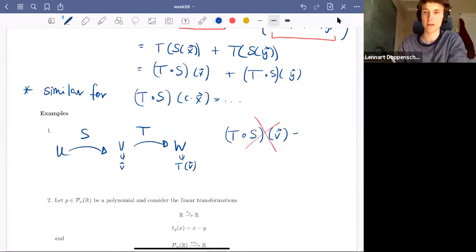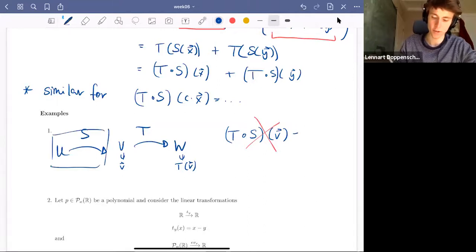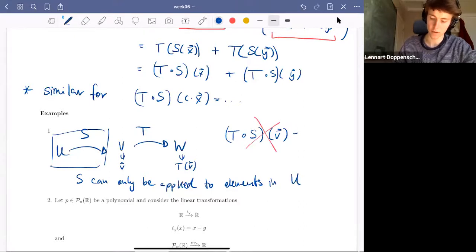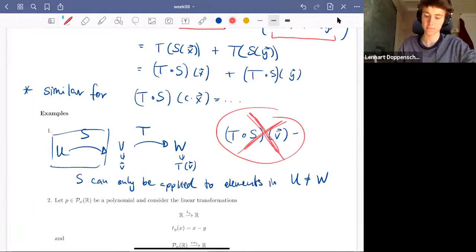But S, that was the reason that we introduced this notation, can only be applied to elements in U. And this might not be equal to W. So this is not allowed. But that's a good question, because I was going to say this anyways sooner or later.